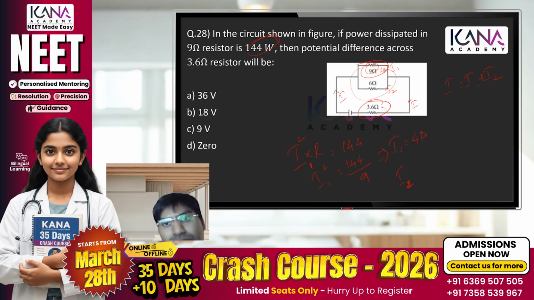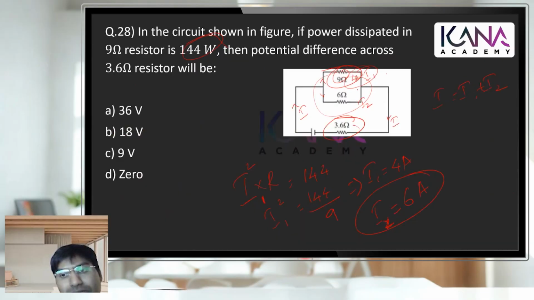So this is I, it splits into I1 and I2. I1 we found as 4 amps. Similarly, to find I2, it will be 6 amps. So I will be 4 amps plus 6 amps. It is 10 amps. So V is equal to I times R. So I is 10, R is 3.6 ohms. So it is 36 volts. Okay.